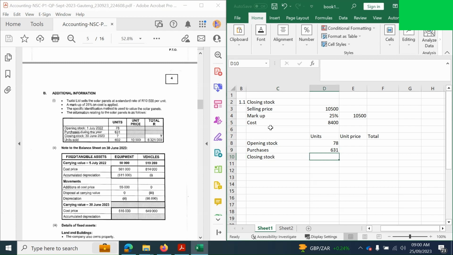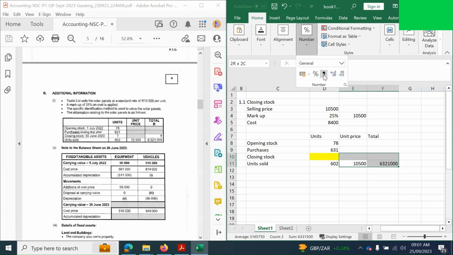So that is not given. You're going to have to calculate this. And then lastly is units sold, which is 602. Okay, and they've also given us the unit price, which we already know from the first point of this additional information, so 10,500. So that means my total value is my units times the unit price.